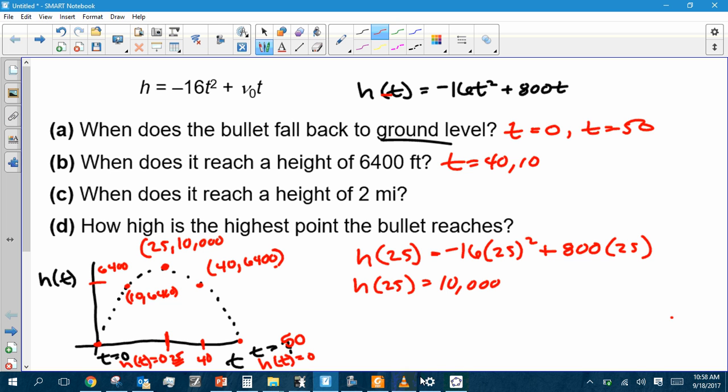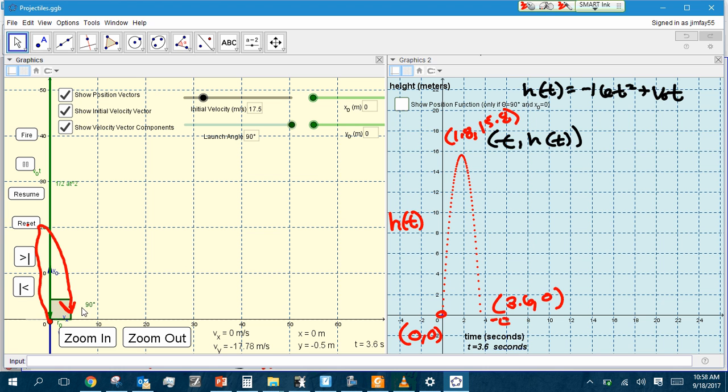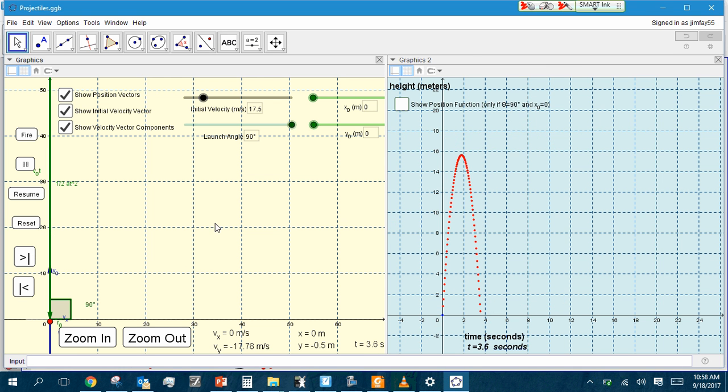So going back to this image here, if we would fire it and stop it at its maximum, this point here would be 10,000. Same thing over here. Now disregard the numbers on this axis, but that height right there would be 10,000.